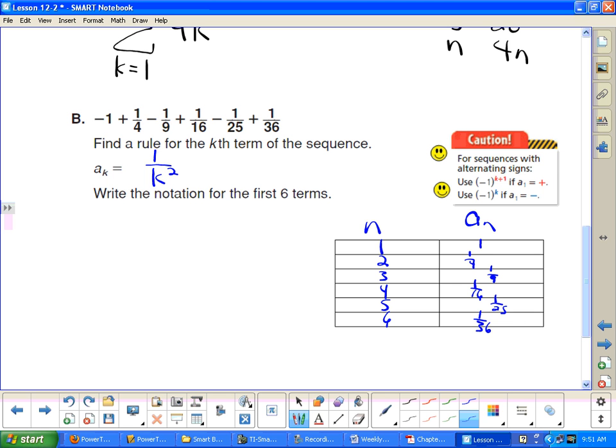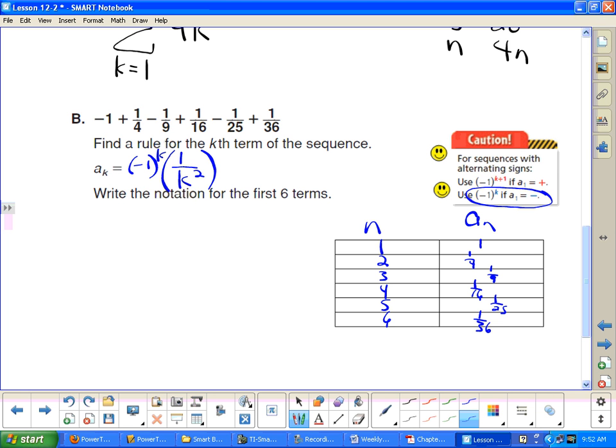Now, this is where this little rule comes in here. So for alternating signs, is the first one positive or negative in this case? Negative. The first one's negative, so that means I'm going to use this one here. So I'm going to put in front of that -1 to the power of k, and I'm going to explain how that works.